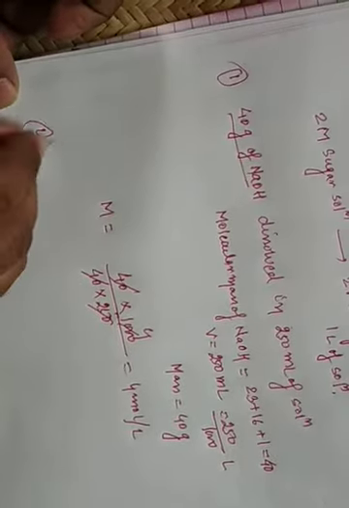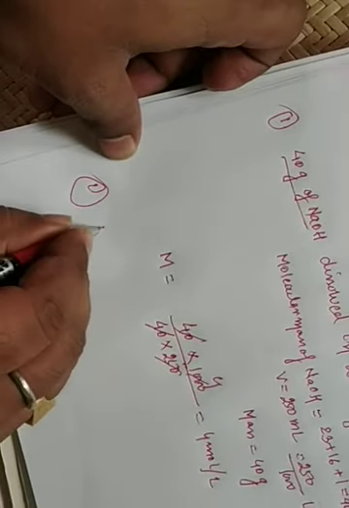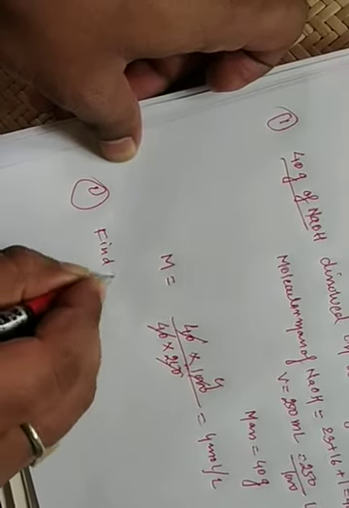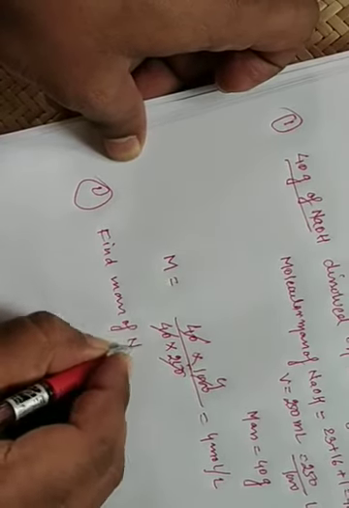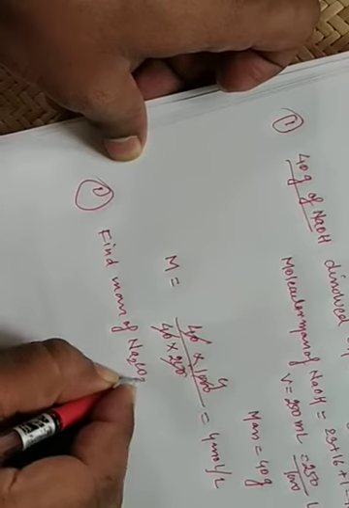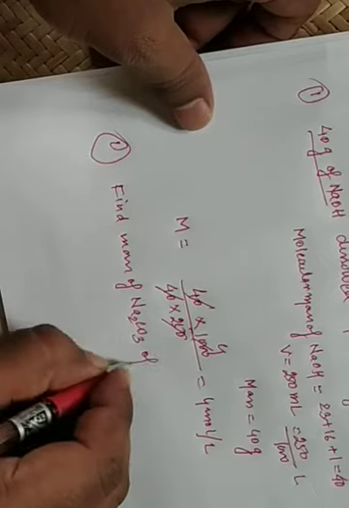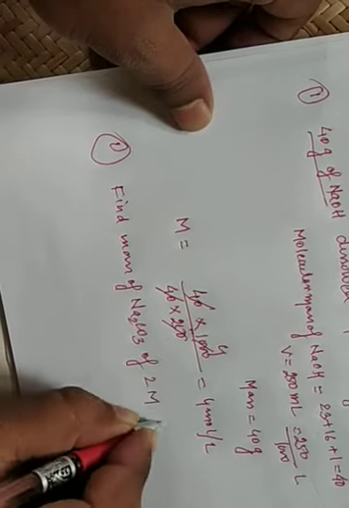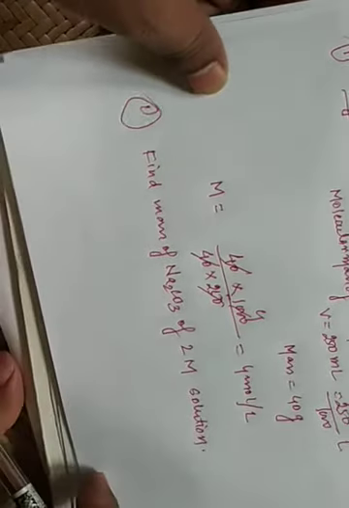Now suppose you have: find mass of Na2CO3 of 2 molar solution. Okay, so molarity is given.